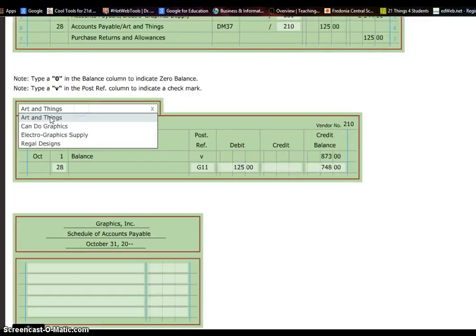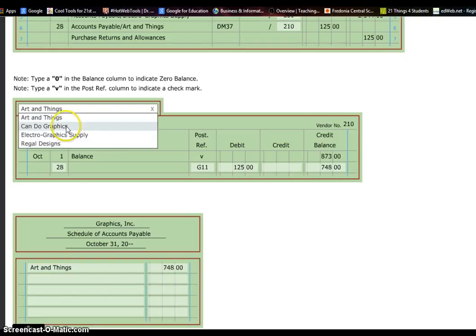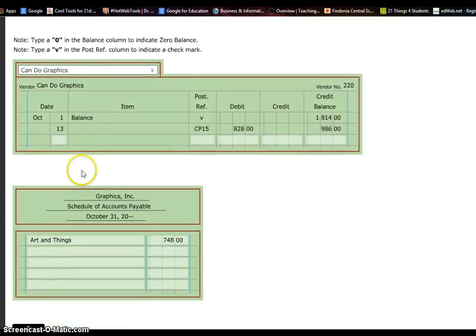Then we're going to list all 4 of these account vendors and their last balance that is shown here. So the first one we're going to write in is Arts and Things, and our balance is $748. Our second one, Can Do Graphics, and our balance here is shown as $986. There's a line here that looks like there should be something there, but there's nothing else that they wanted us to do there, so our final balance was the $986.